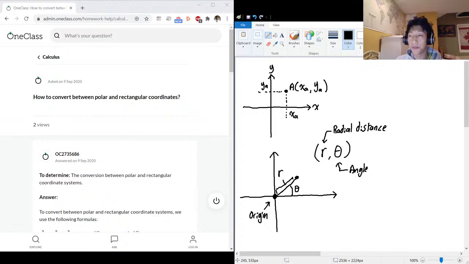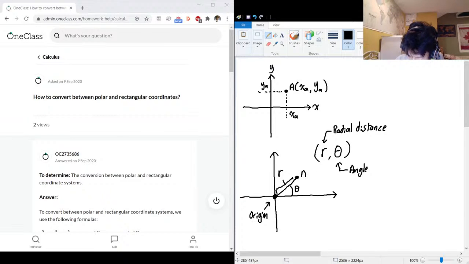Okay, so the secret sauce to the conversion between rectangular and polar is, first, we have to know that it is always possible to convert between polar coordinates and rectangular coordinates. We just need to find the conversion. Now you see how, just looking at this, it has a triangular-like shape.